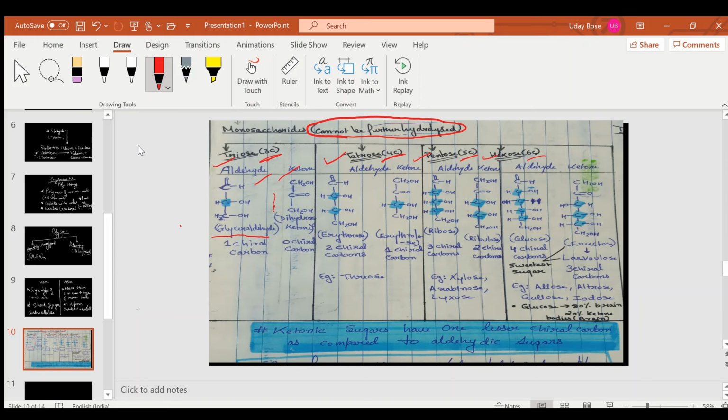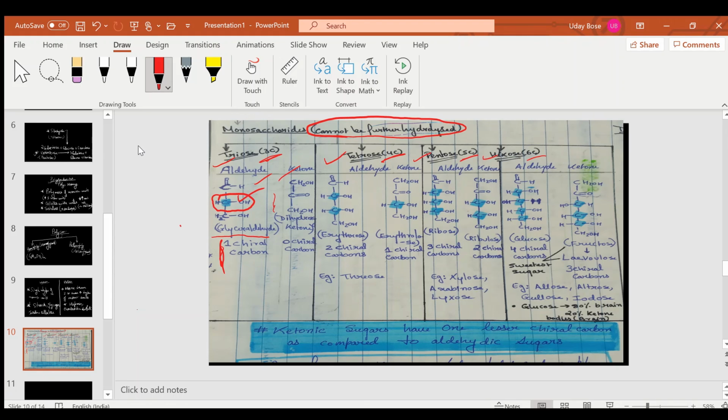The second carbon which I have highlighted is chiral. Why is this chiral? I have told you in my previous video. Just go back to my last video and clarify your concept regarding chirality: what is a chiral carbon and how can you define chirality of a molecule? So this second carbon is a chiral carbon, and hence glyceraldehyde has 1 chiral carbon.